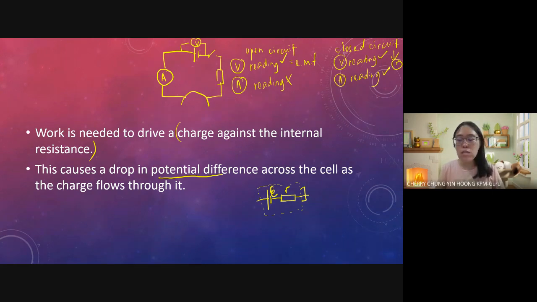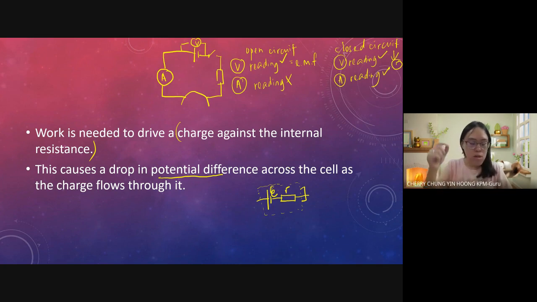Okay, because it's also a resistance, the SI unit is the same as the resistance that we have learned before, which is ohm. However, the internal resistance causes energy loss in the cell due to the work done to drive a charge of 1 coulomb against the resistance of the electrolyte.